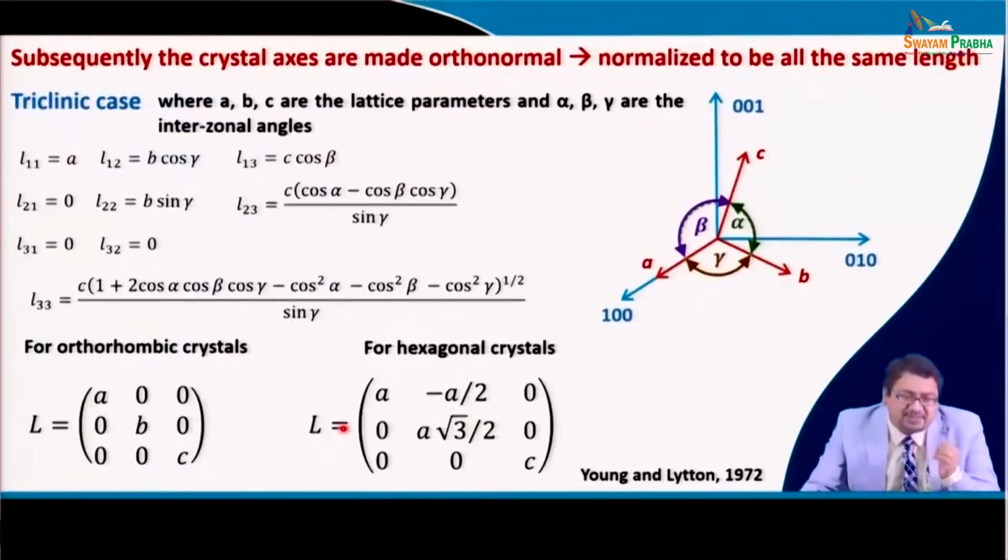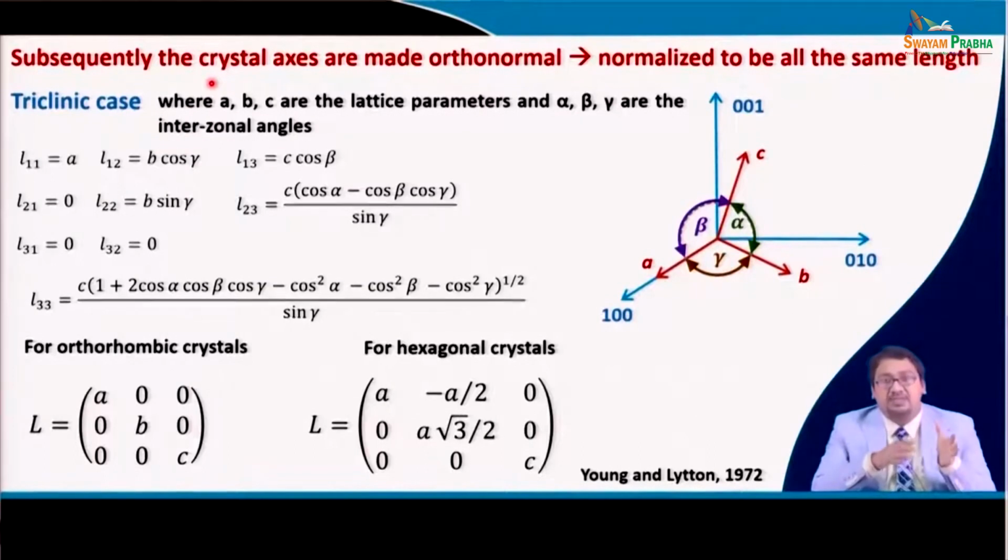Now, you see subsequently, if any crystal does not have the orthonormal crystal system, that is its lattice parameters are not equal and the angles between the lattice parameters are not equal to 90 degrees, then it has to be made orthonormal and it has to be normalized to the same length.